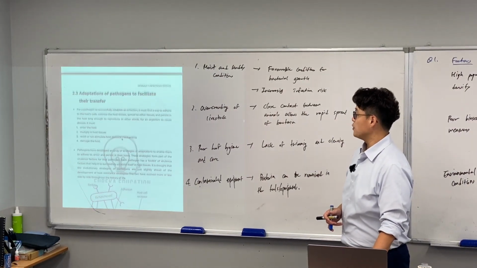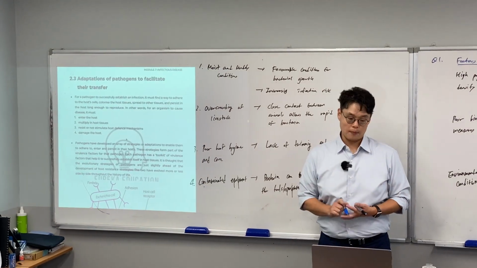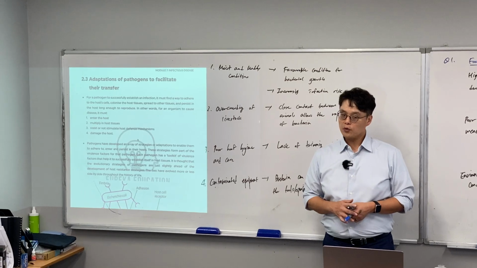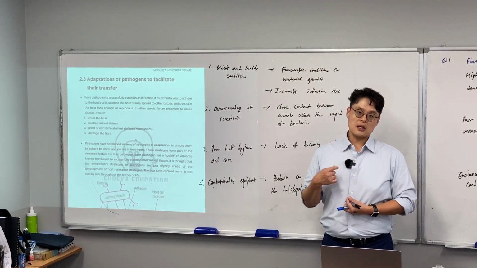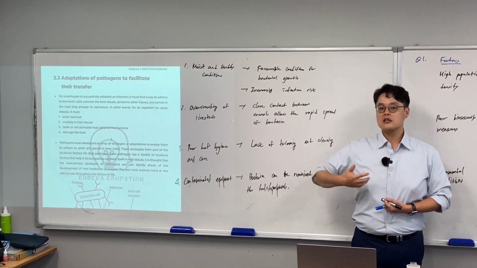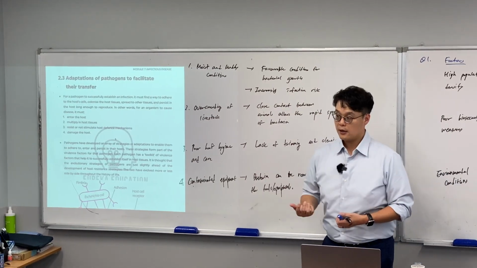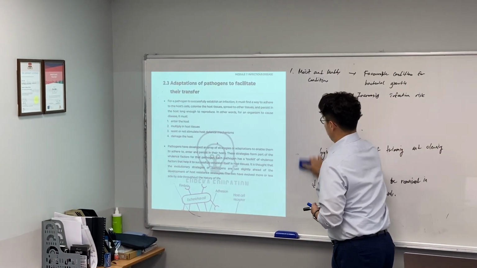Page 64, please. Adaptation of the pathogen to facilitate their transfer. They are able to evolve, they're able to adapt to different changes. Sometimes there's a reason why using excess amounts of antibiotics will actually strengthen the bacteria, so that we have no antibiotics or medication to use.